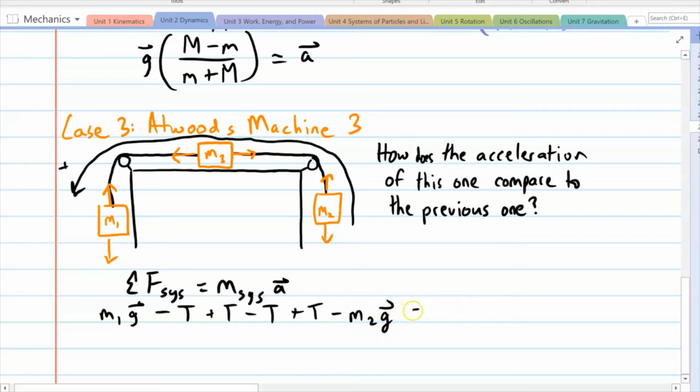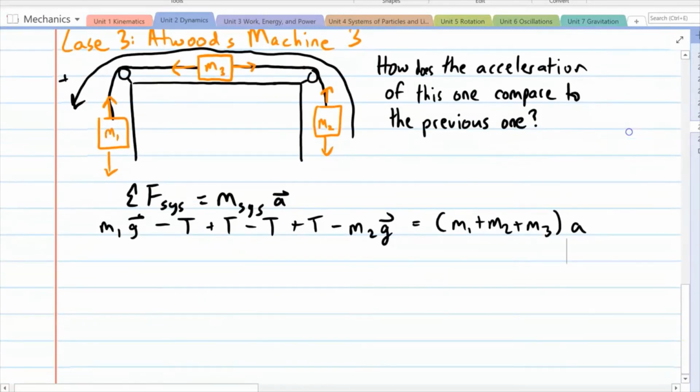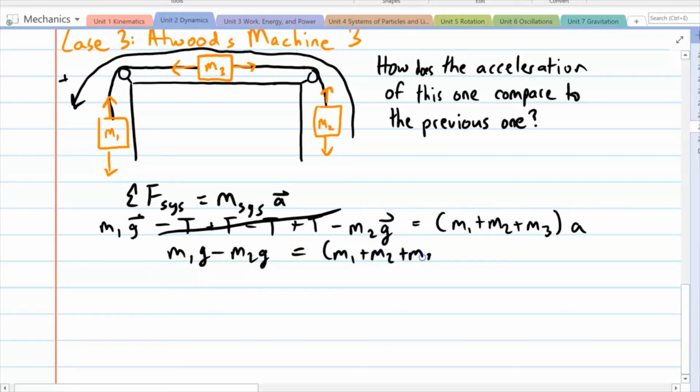And then it's equal to the sum of the masses times acceleration. Now we can see a lot of the tensions just cancel out, actually all four of them do, and then we see that M1G minus M2G is equal to the sum of the masses, M1 plus M2 plus M3, times A, and then we can solve for A.